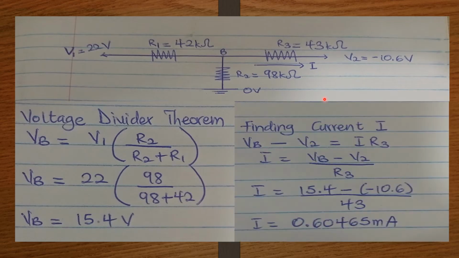So VB minus V2 equals I times R3. We make I the subject, input the values, and we get the value for I to be 0.60465 milliamperes.